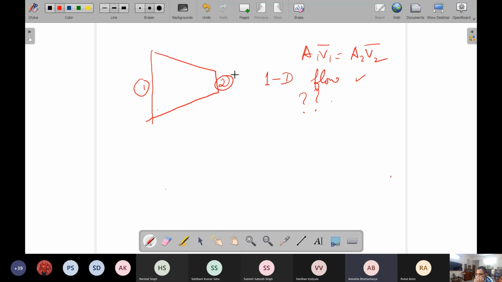Yes, but if there are multiple velocity components u, v, and say w, forget about w, at least 2 dimensions minimum, then you have this along the i cap, this along the j cap. If the velocity in the i cap direction is much more than in the j cap direction, we can probably apply this.